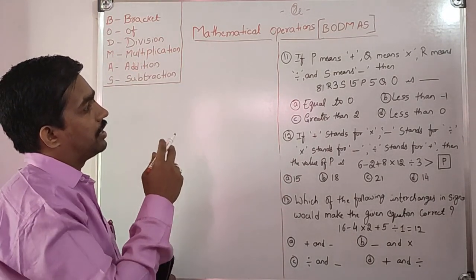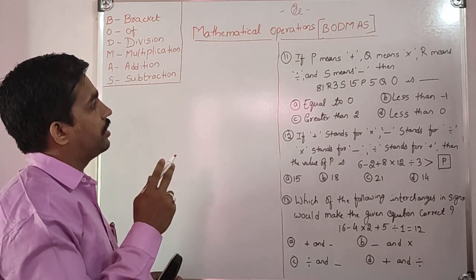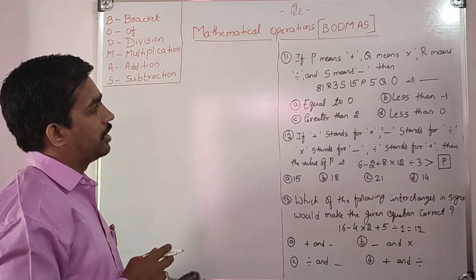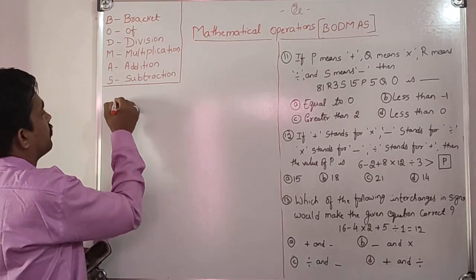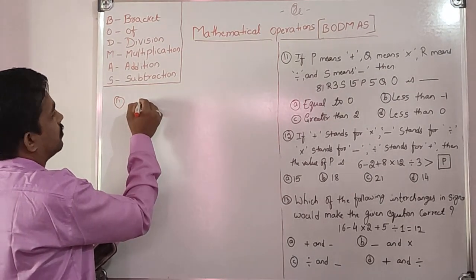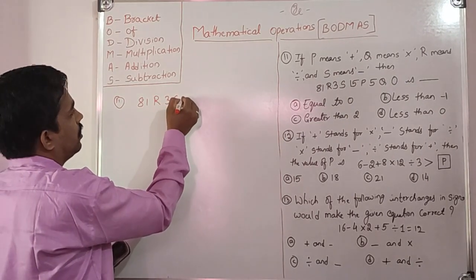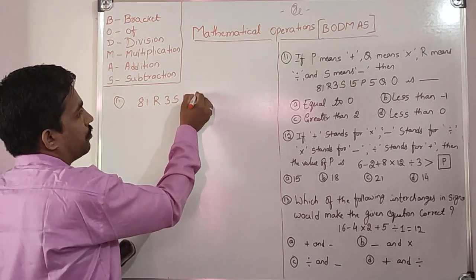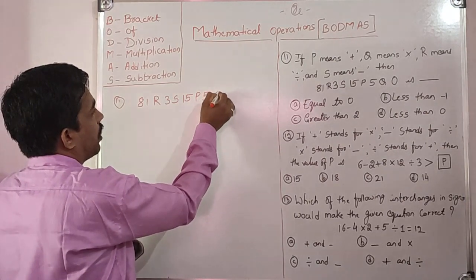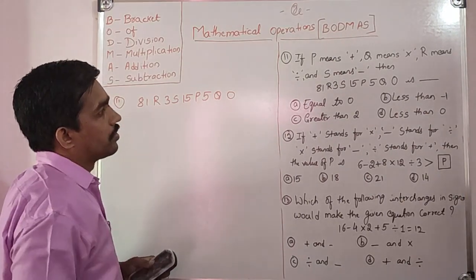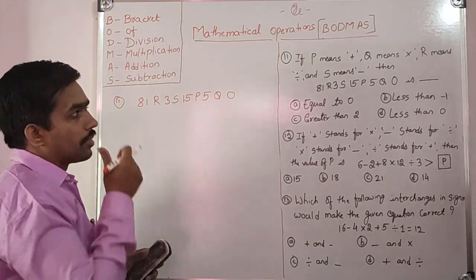If P means plus, Q means into, R means divide and S means minus, then 81R3S15P5Q0. What is the value of this?